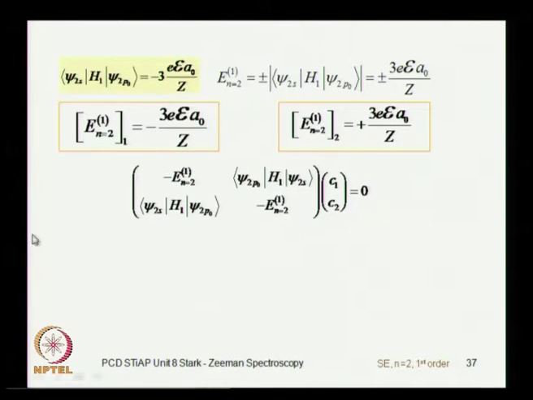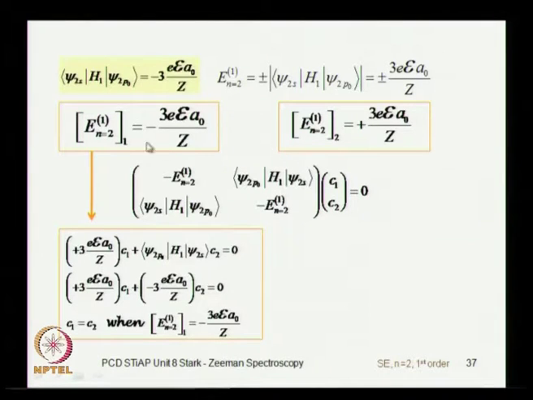Now, all you have to do is to insert these roots one by one in this matrix equation, and that will give you the coefficients C1 and C2. So, insert the first root, which is minus 3E script E A0 by Z. Together with this minus sign it gives you a plus sign here, and then you have got this matrix element times C2.